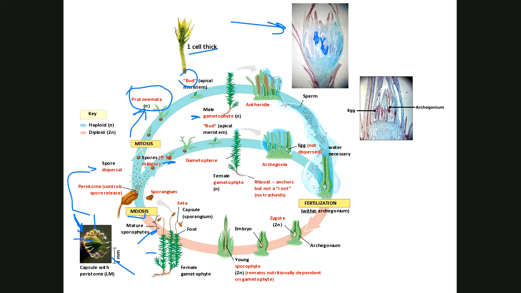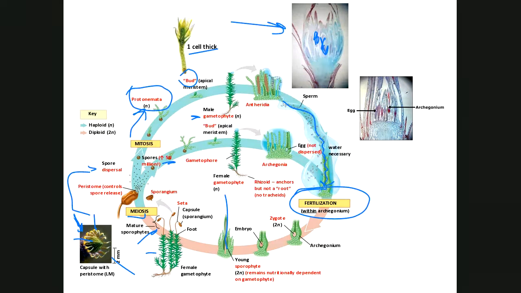Only the sperm is dispersed, swimming through little droplets of water until it finally finds its way to an archegonium, swims down the archegonium, and fertilizes the egg within it. That forms a zygote, and growing out of that archegonium is going to be a young sporophyte, and eventually that's going to produce a capsule and produce more spores.